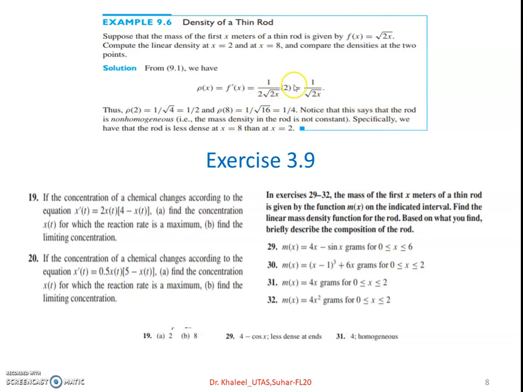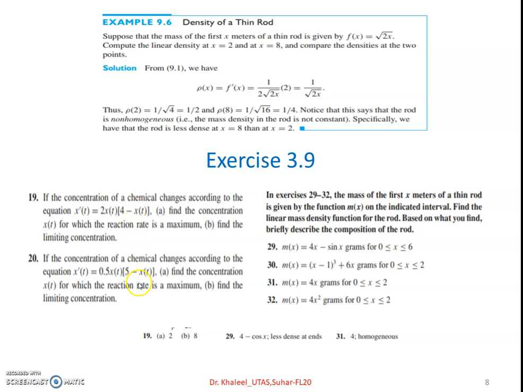In the same example we can say that the rod is less dense at x equal to 8, because 1/4 is less than 1/2. So the rod is less dense at x equal to 8 than at x equal to 2.